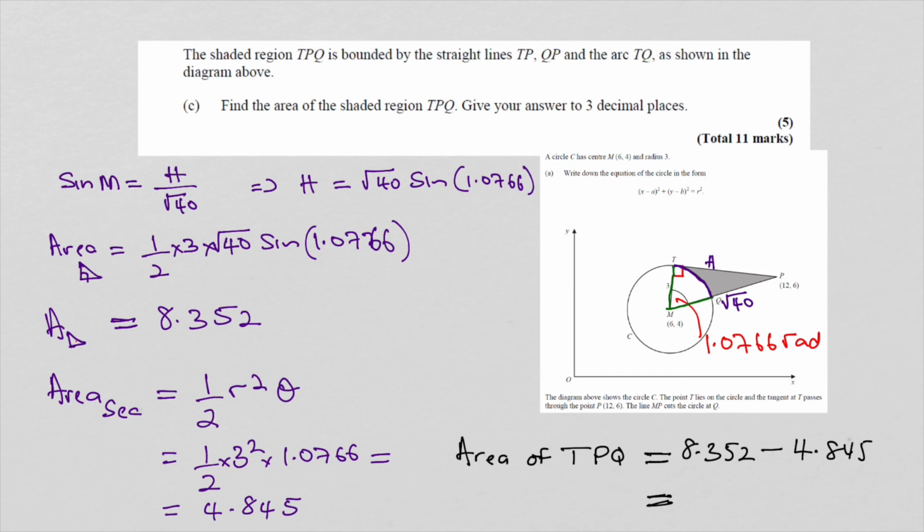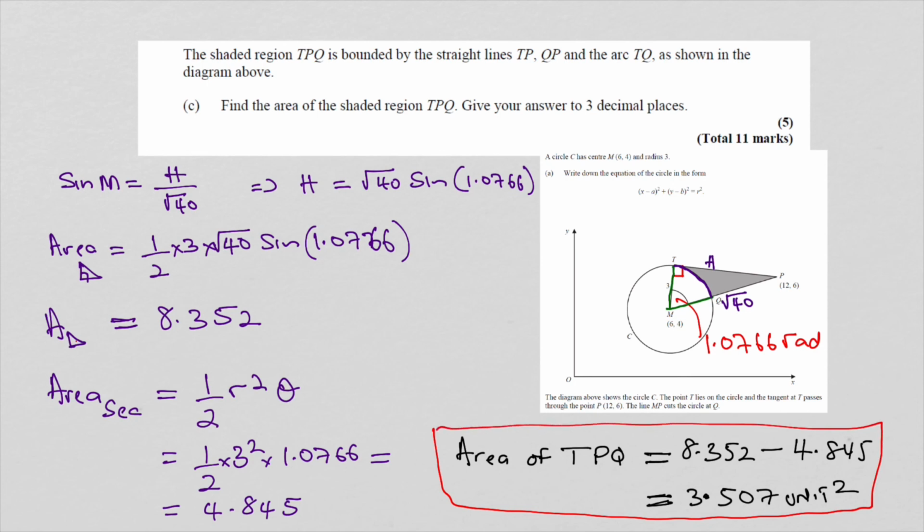So that should give us 3.507 units squared. And that's the answer we're looking for. Just to remind us, what I've used there is a half base times height for the area of the triangle.